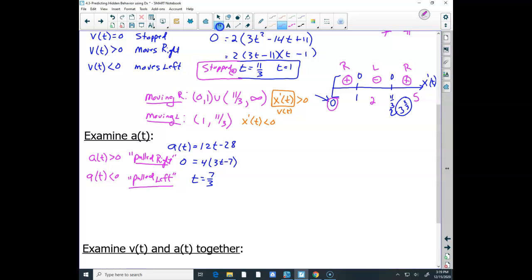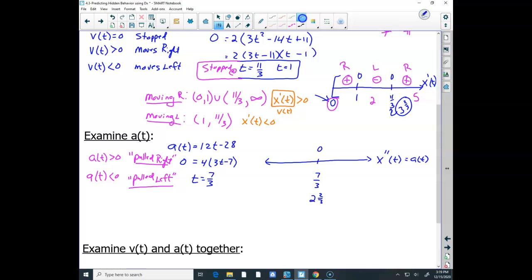So I found my second derivative zeros, and we want to know when this thing is going to be pulled to the right and pulled to the left. Well, we're going to look at that right here, because I'm going to take my x double prime of t line, which is a of t, either way. And I'm going to put my 7 thirds on there. What is that for the decimal freaks? That's 2 2/3-ish. And here I'm 0.